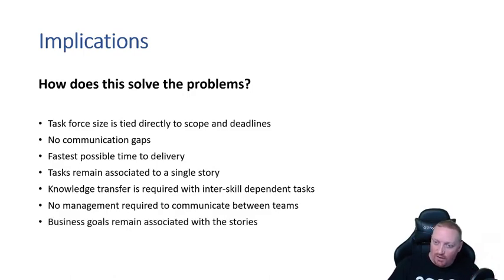Business goals are going to remain associated with the stories. We talked about that a little bit, where tasks remain associated with a single story. Well, business goals are a part of that. We can again see the overall goal that we are all trying to achieve, and we don't get disassociated from those business goals because we're the 10th team to work on this and all we have are specs, right?